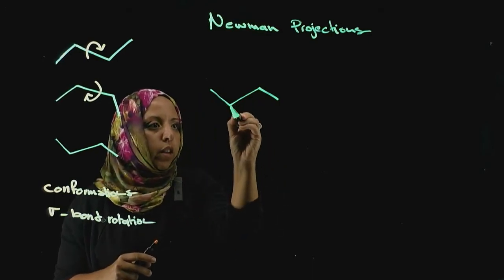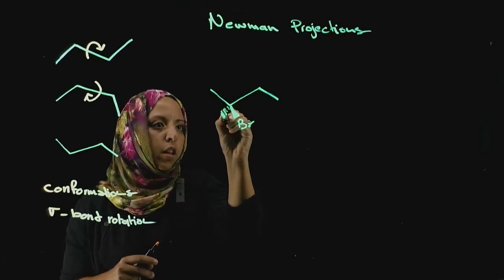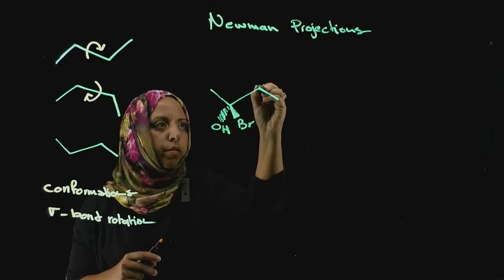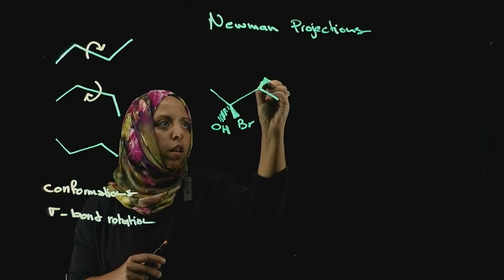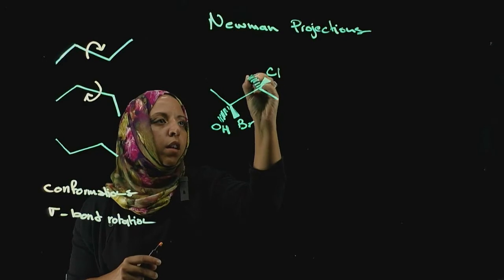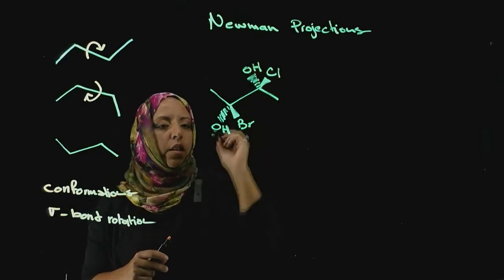So I'm going to form a bond to bromine, a bond to an alcohol group, a bond to chlorine, and I'll do another alcohol group.